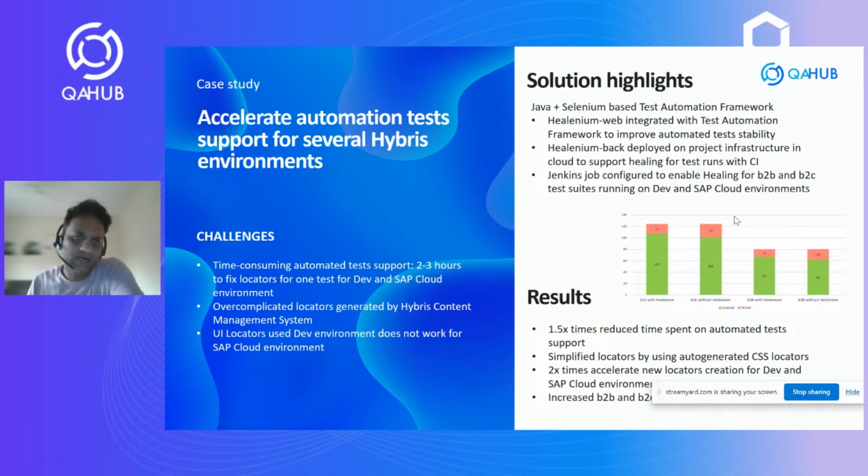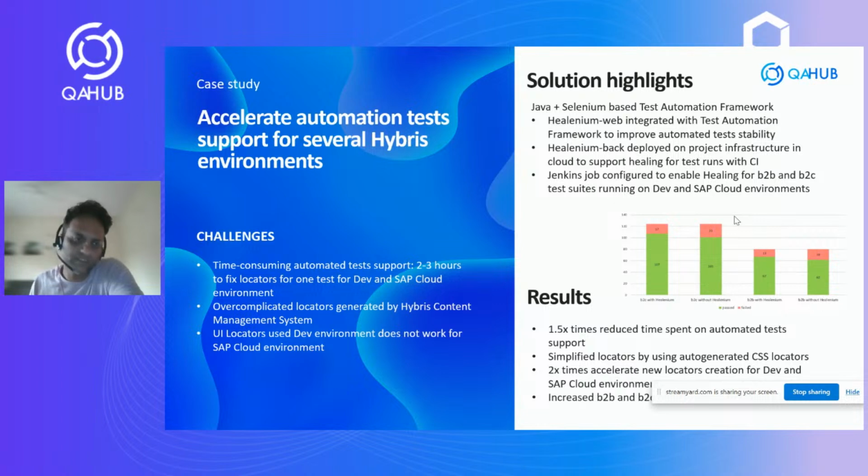And the hybris content management system was giving locators which were overly complicated, and the QA folks writing them had a lot of conflicts understanding what the proper locator is, and they would also change, right? And dev environment locators won't work on the cloud environment. That was the biggest challenge. So you need to rewrite your test cases for dev and SAP Cloud. But Healenium worked wonders for that.